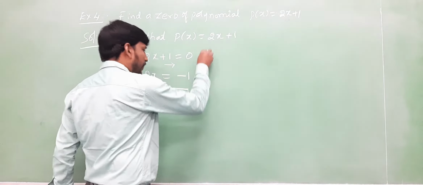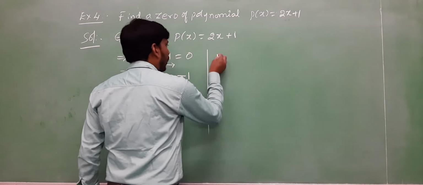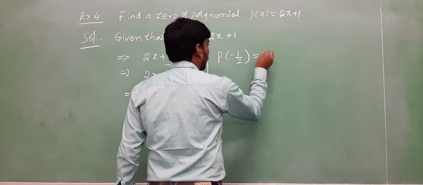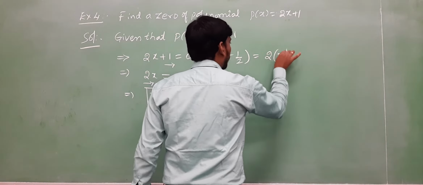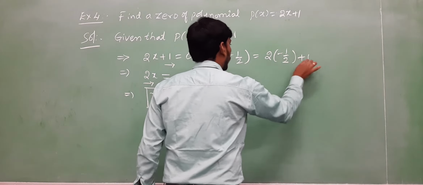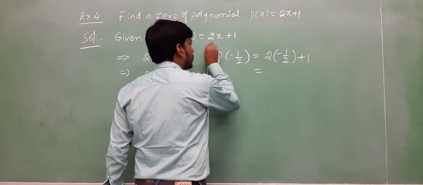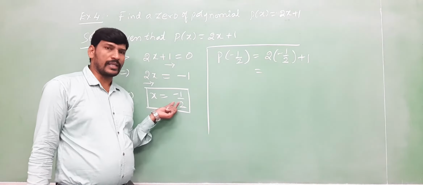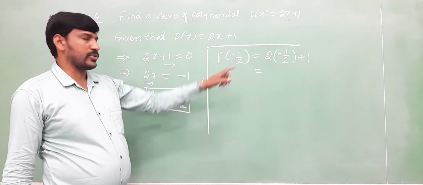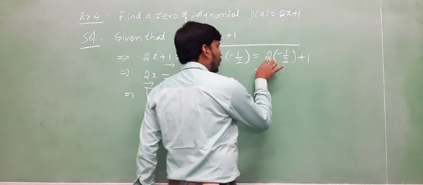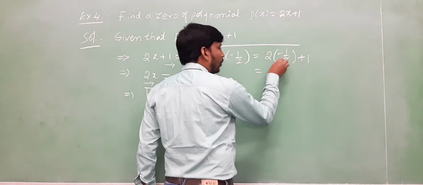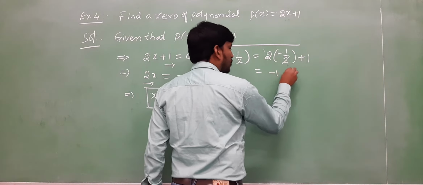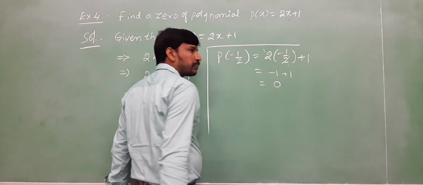Let us check here for understanding purpose. Now p of minus 1 by 2 I am going to find out, which implies 2 into minus 1 by 2 plus 1. Children, this is for your understanding purpose, whether the answer we got is correct or not, we are going to check it. No problem. 2 into minus 1 by 2, the 2 will be cancelled. The leftover part is minus 1 plus 1. Minus 1 plus 1 is 0.